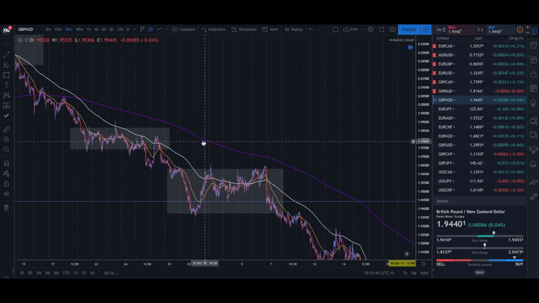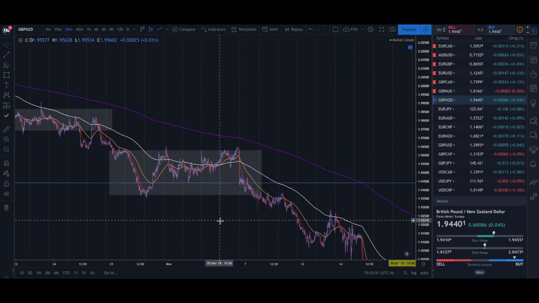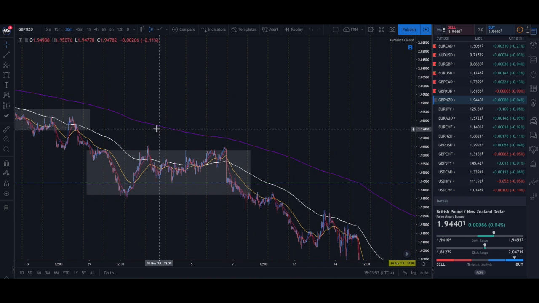Okay, just remember that the 800 EMA is the 50 EMA on a 4-hour chart. So even if you see areas like this where the EMAs are all together, but the 800 is still above it all, you know that price on a 4-hour chart is still below the 50 EMA.